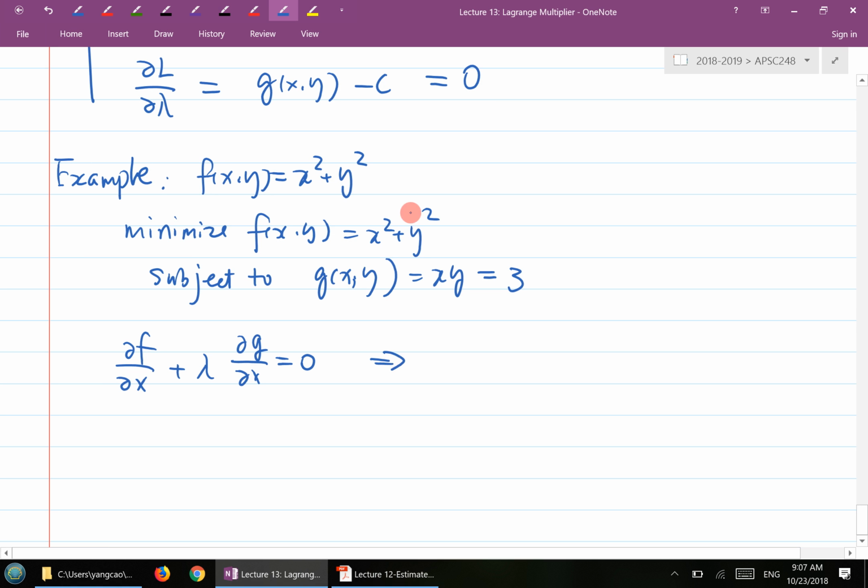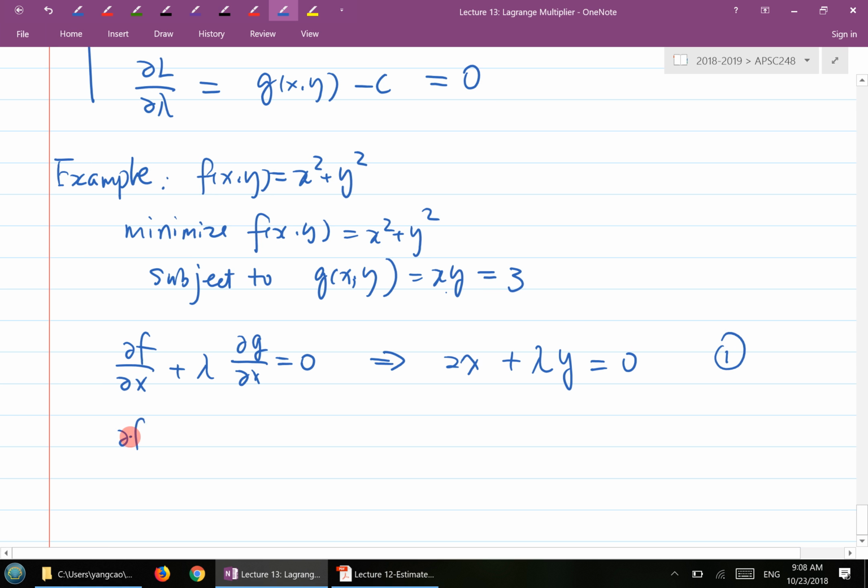Here's function f. Its partial derivative with respect to x is 2x. Then here is the partial g over partial x, so this is xy, so that gives you y here. Okay, that's the first equation.